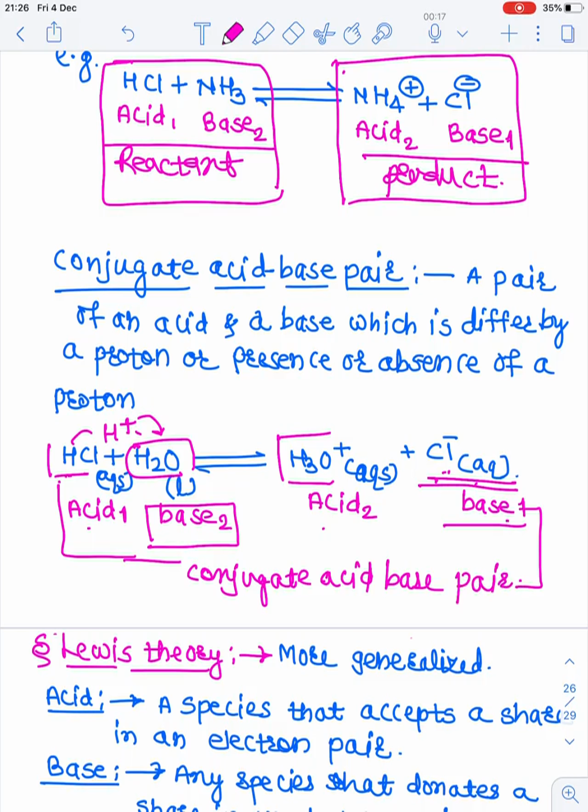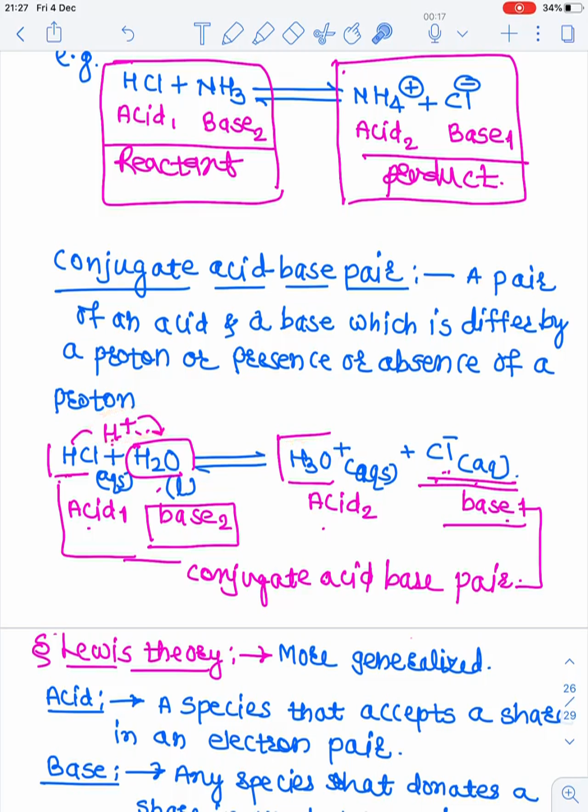Now if we consider the H2O molecule and the H3O positive ion, then we can say that H2O is a base because it accepts a proton, right? It accepts a proton and gets converted to an acid.